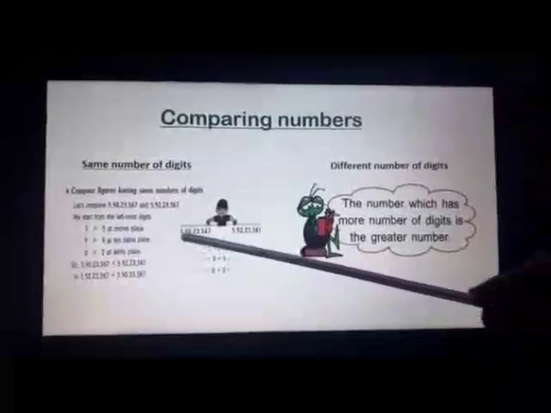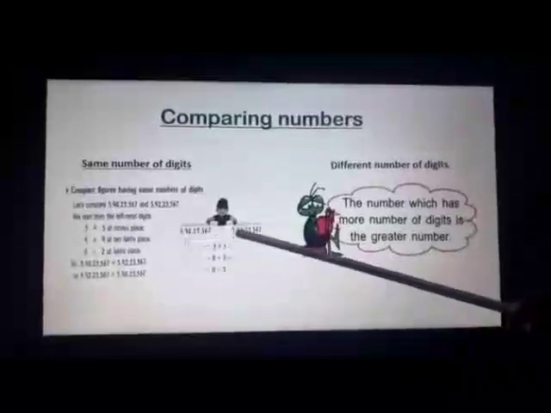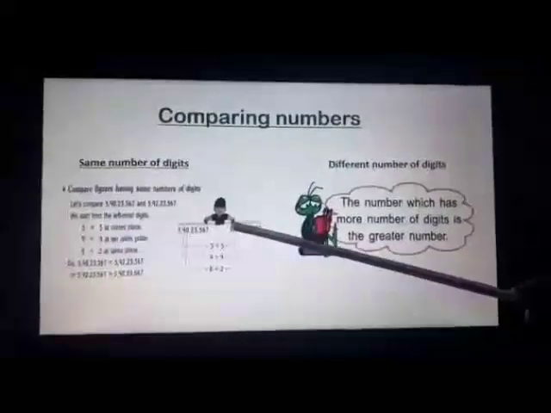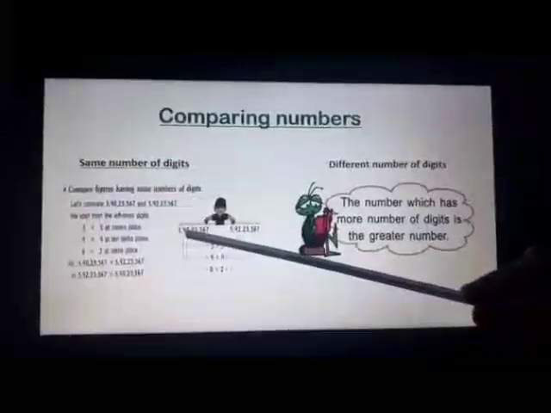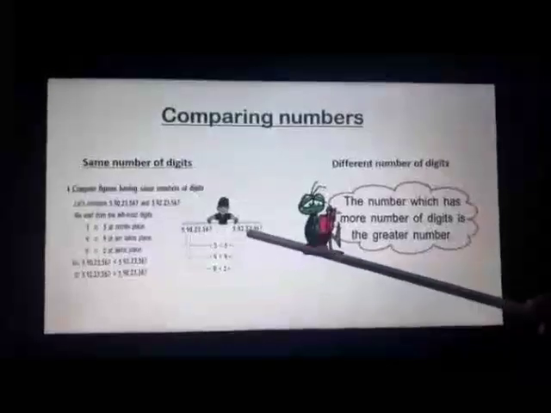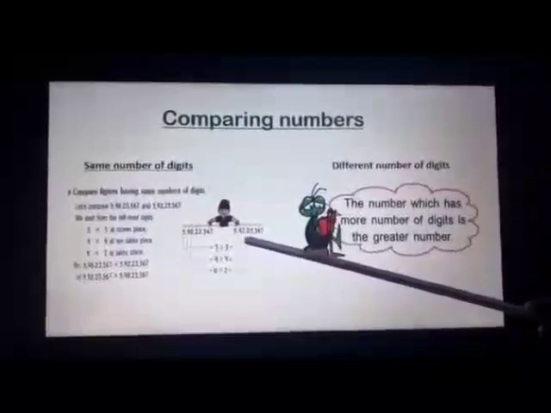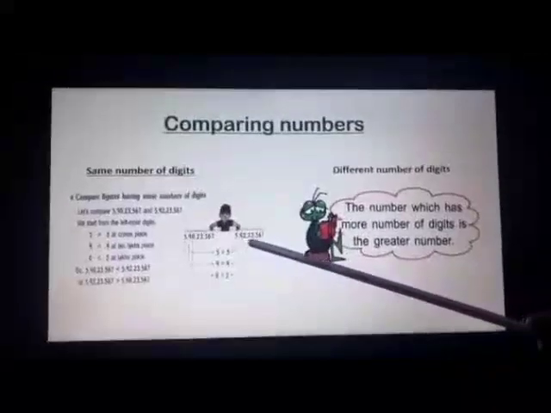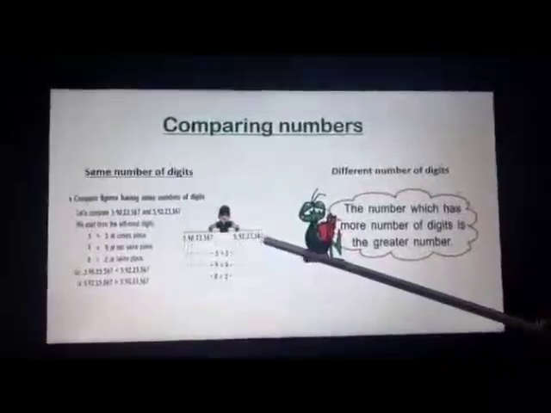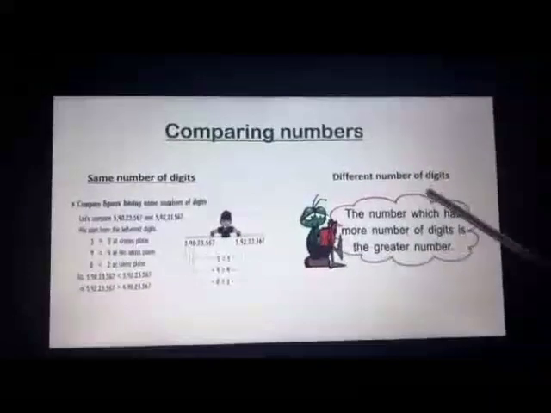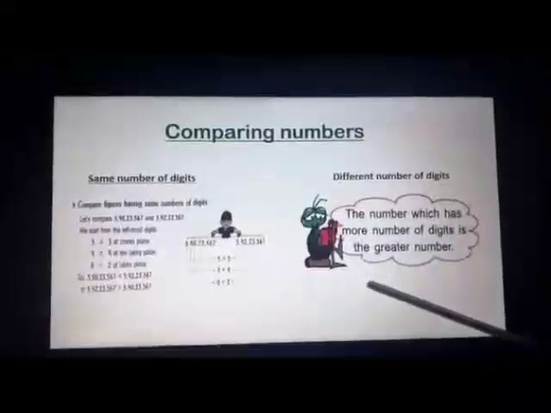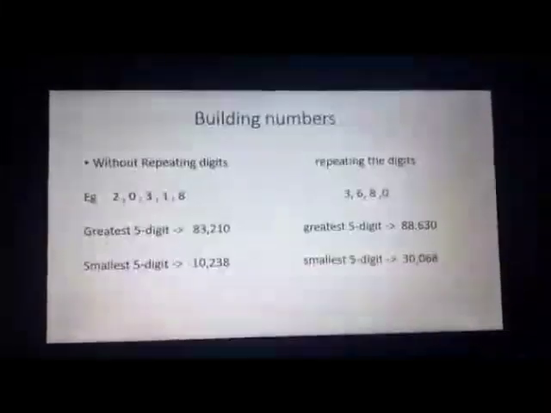So we see 5 in the crores place, 9 in the 10 lakhs place, and then 0 and 2, that means 2 is greater. That means this number, 5 crore 92 lakh 23,567, is greater. If they have a different number of digits, the number having more digits is the greatest number.